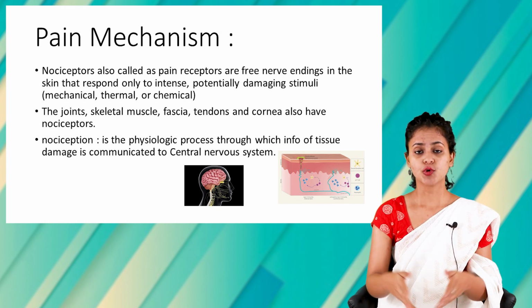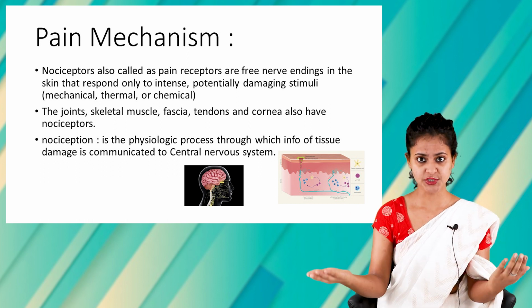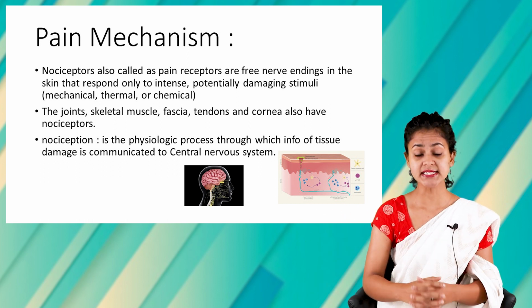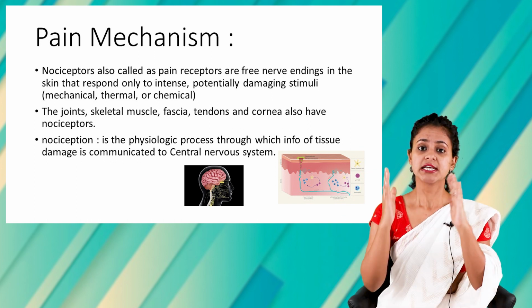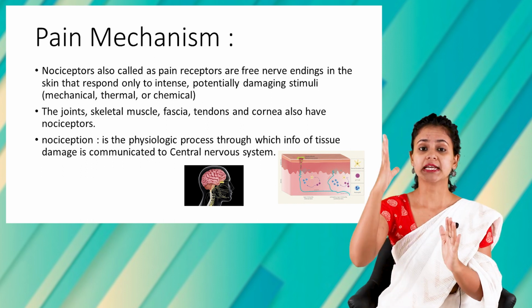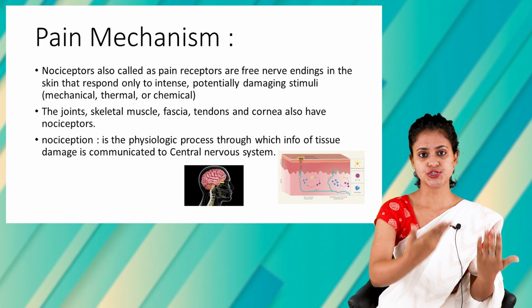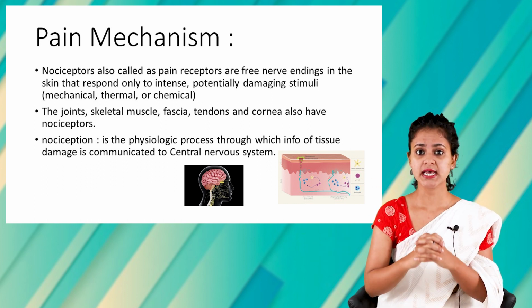So the nociceptors are the pain receptors that accept the stimuli. Then the process named nociception is where the information from the tissue damage is communicated to the central nervous system.